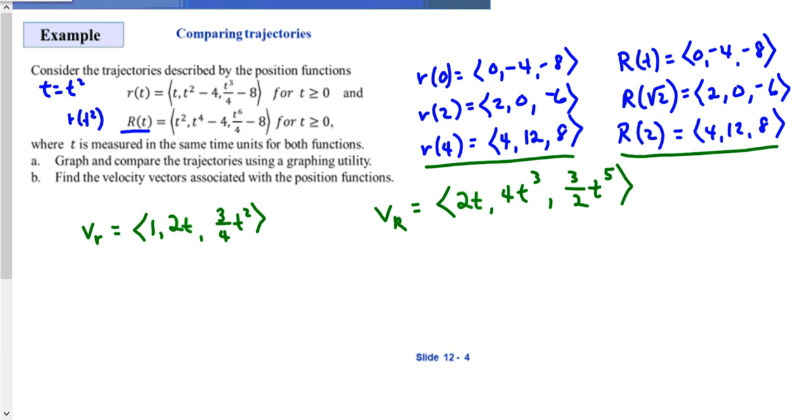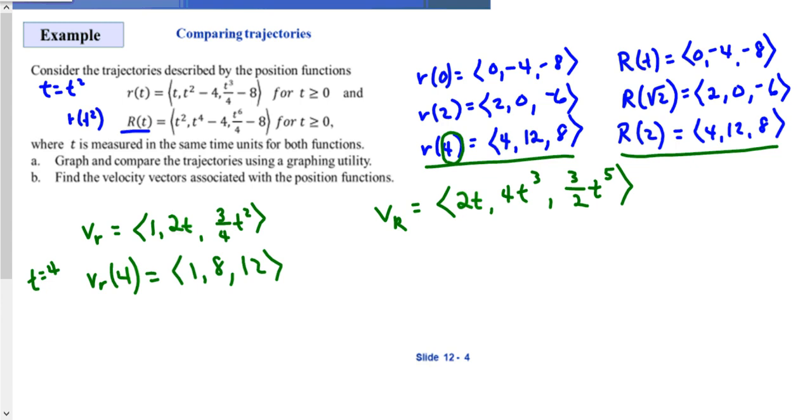Okay, at that common point, for little r, it reached this point when t was equal to 4. So we're going to get a comparable speed at the point. We want to be able to compare the speeds at the point when they're at 4, 12, and 8. So v of 4 would be 1, 8, 12.